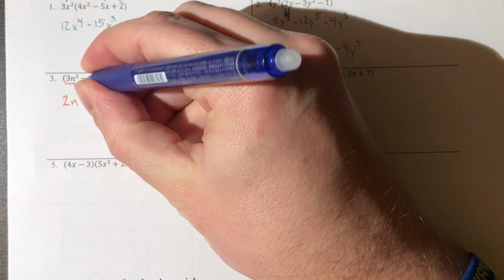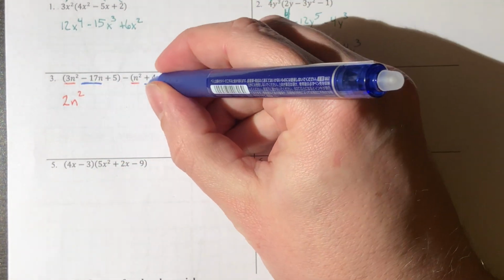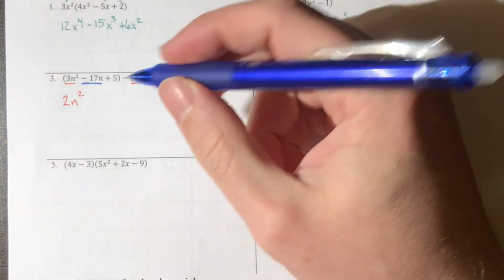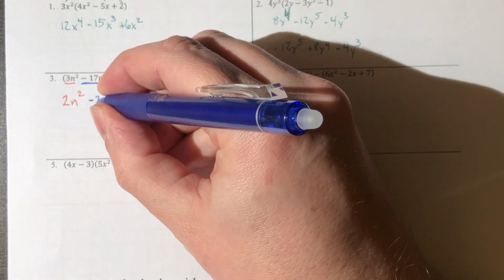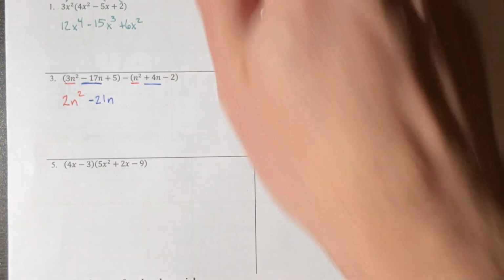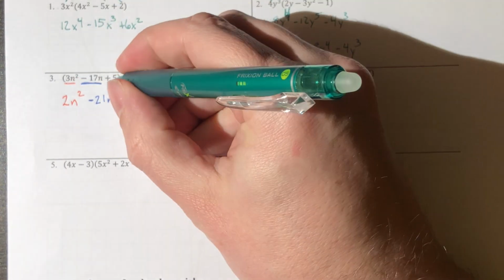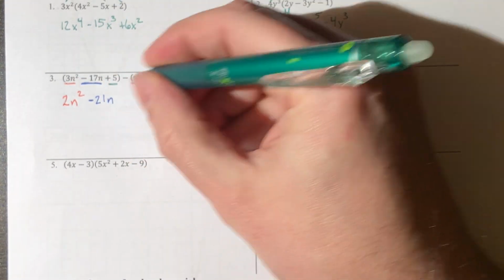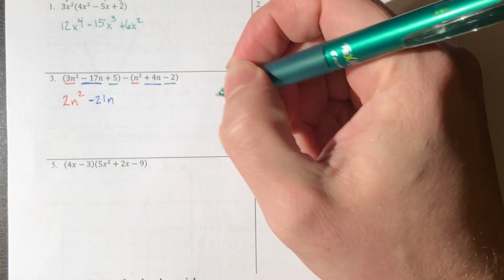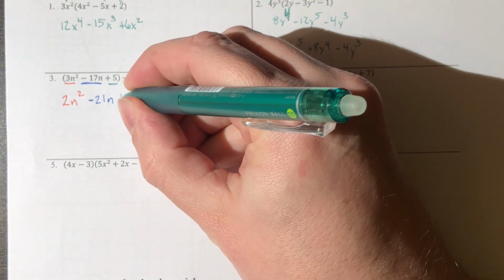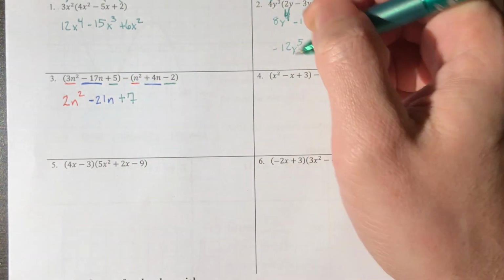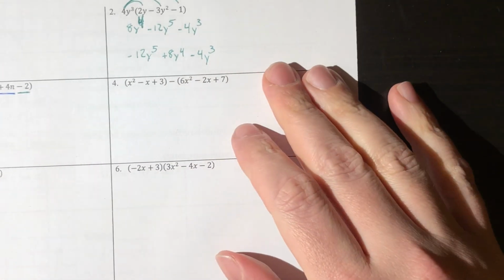So I have negative 17n minus 4n. Negative 17 minus 4 is going to give me negative 21n. And then I've got 5 minus negative 2. When I subtract a negative, I'm really adding. So it's plus 7.